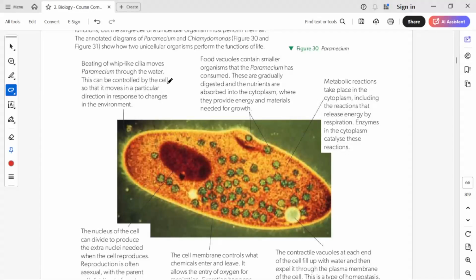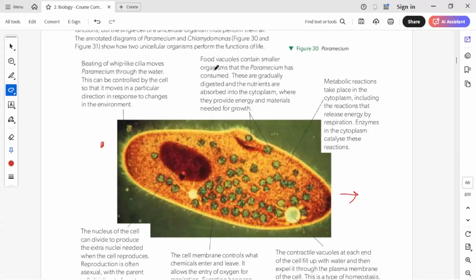It can be controlled by the cell so that it moves in a particular direction in response to changes in the environment. For example, this cell can sense that the temperature is hot on this side and it has to move in that direction. So the cilia will help move the Paramecium in this direction in response to the external environment.